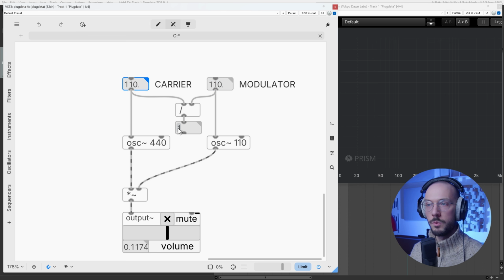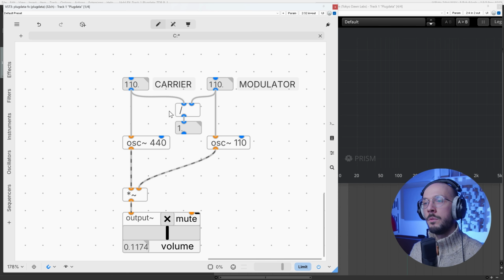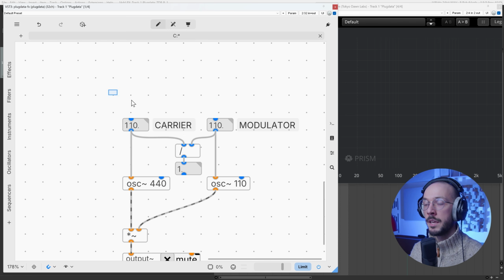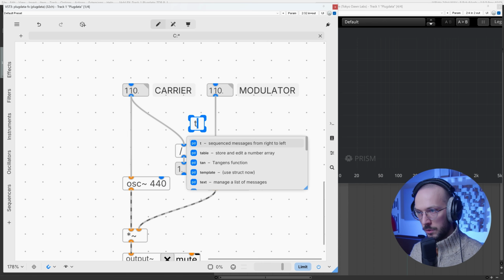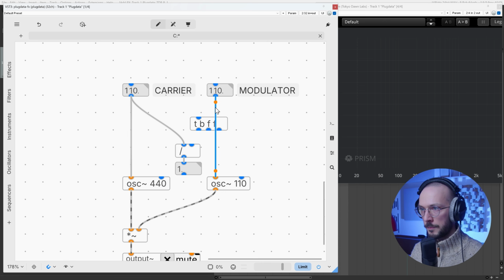the ratio is 1. In case you don't know the cold, hot inlet paradigm, make sure to watch my videos, but instead of sending this float box straight to the cold inlet, we need to use a trigger bang float.